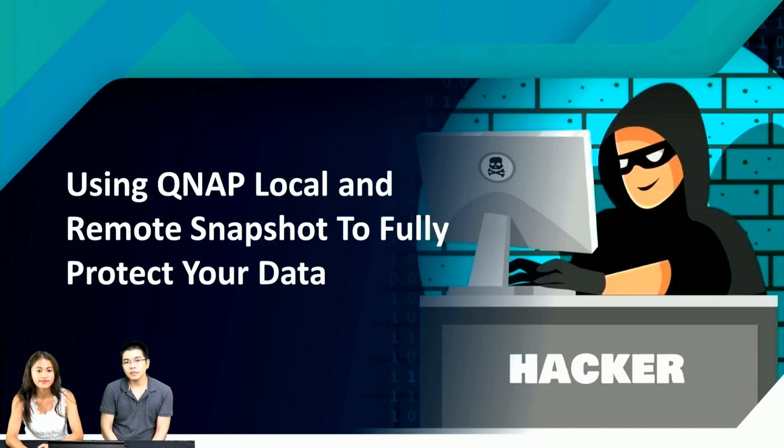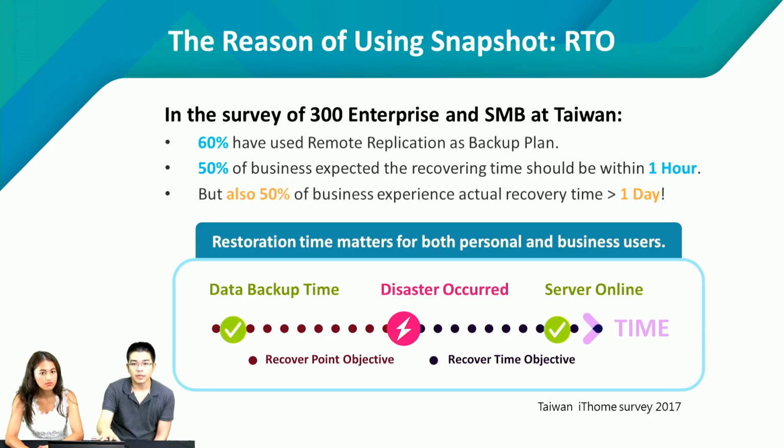Okay, well, basically a snapshot is a function from QNAP that can help protect you from ransomware, like you just mentioned WannaCry. But here's another thing we want to talk about. Basically, we want you to know that a lot of businesses are not satisfied with their RTO. So what is RTO? And here's another thing called RPO.